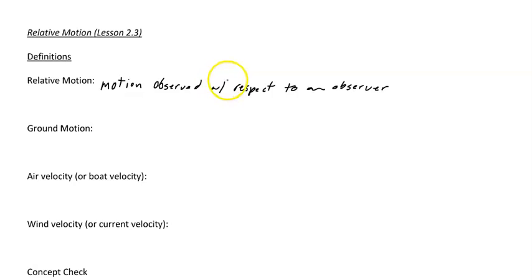So, when we talk about ground motion, what we're really talking about is the ground as being the reference point for the observers. So this is motion seen in reference to a person on the ground.